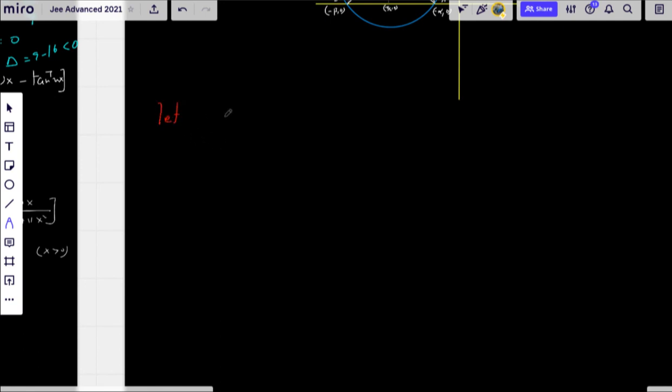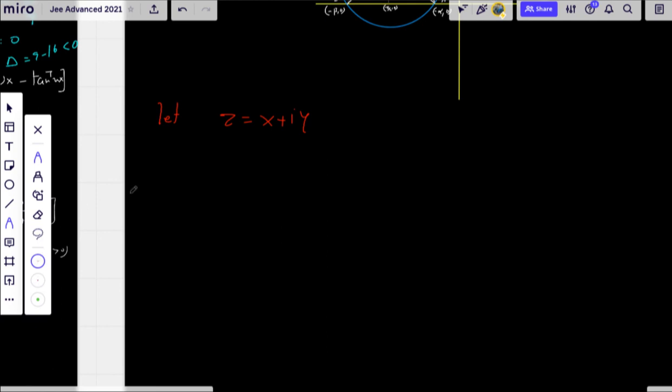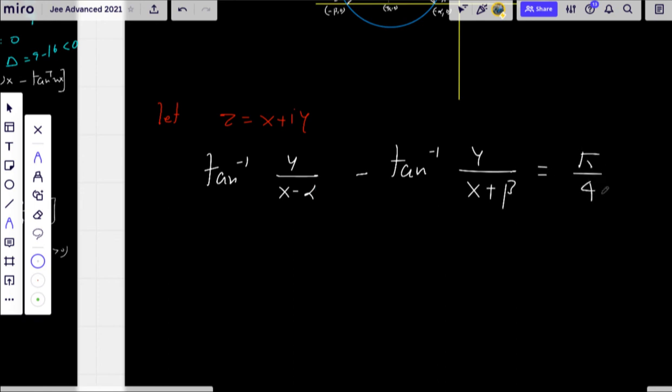So let z equal to x plus iota y. Once we get this, we can say tan inverse of y upon x plus alpha, because of the argument of z plus alpha, minus tan inverse of y upon x plus beta, and this result is pi by 4.